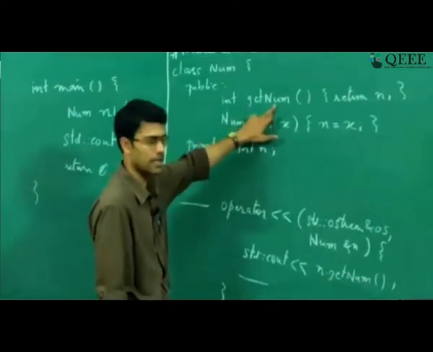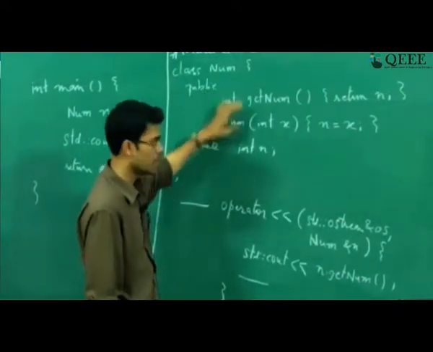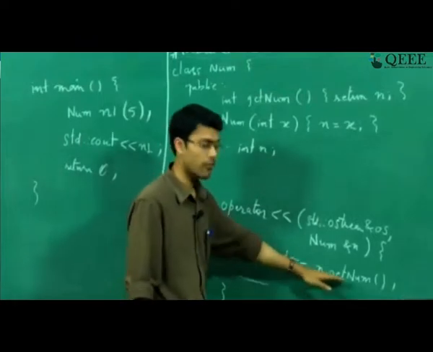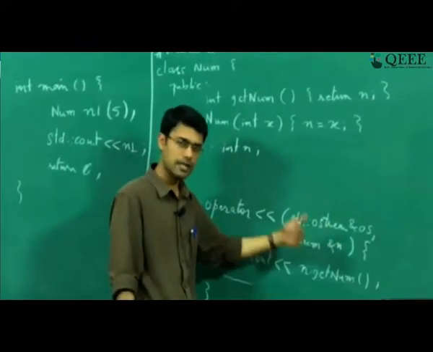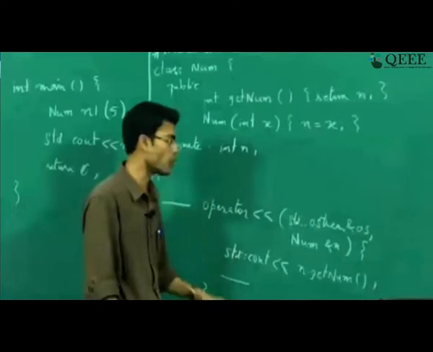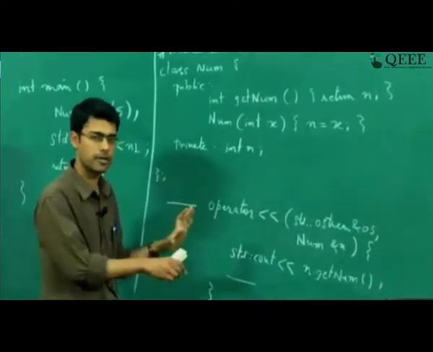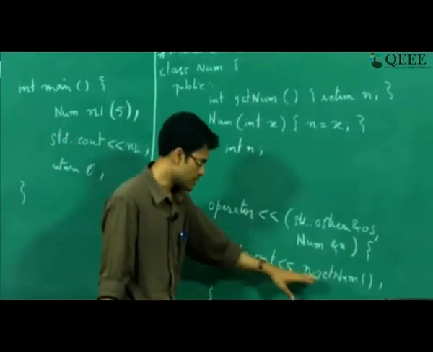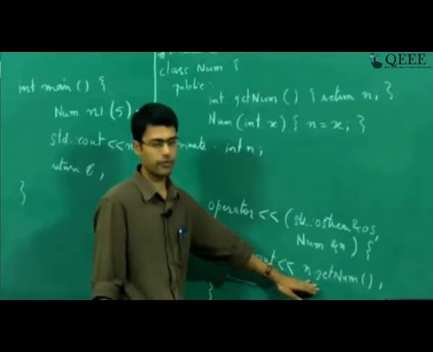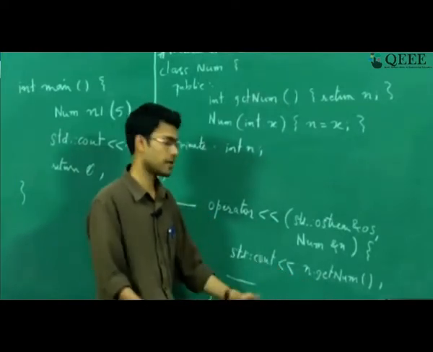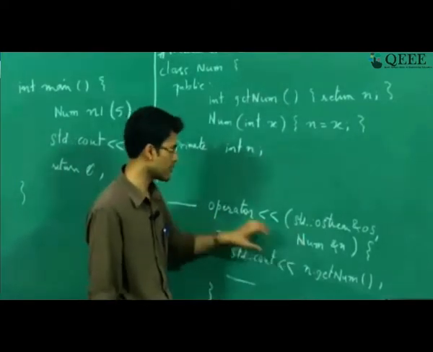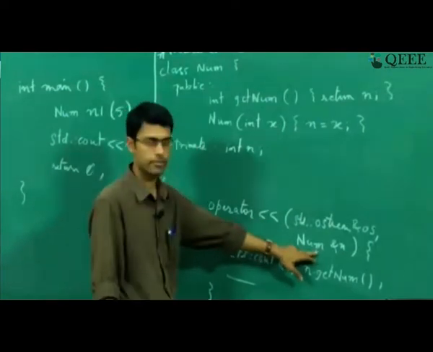And what is n.getNum returning? It is of type integer. Is cout defined for integers? Yes. So we are making use of that existing functionality. When the ostream class was implemented as part of the C++ STL, cout was implemented for int, and that's what we are making use of to get it implemented for the num variable type.